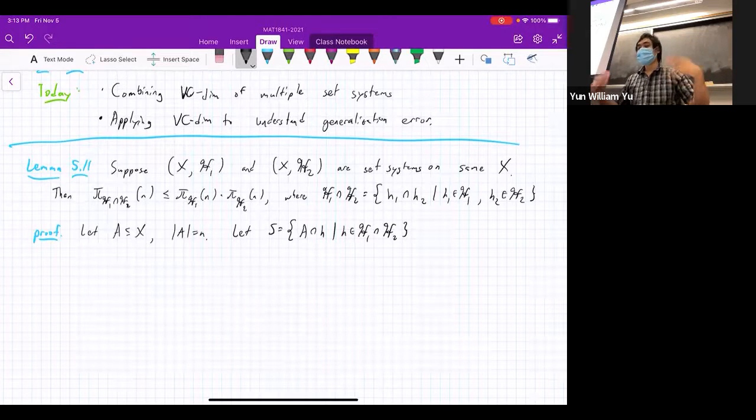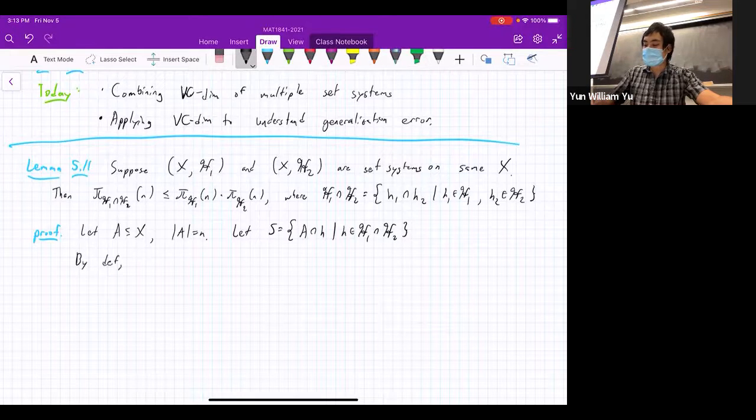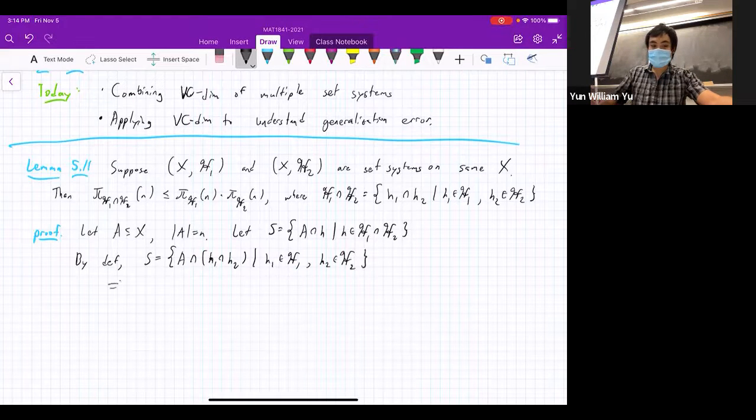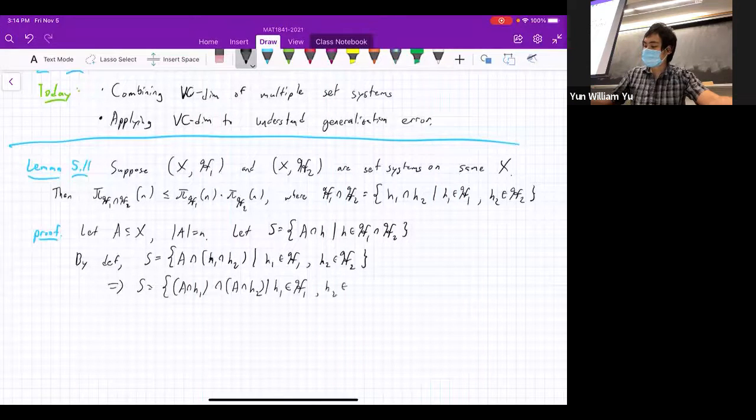We need to count the size of S. By definition, S is equal to A intersect h1 intersect h2 for all h1 in H1 and h2 in H2. It's pretty easy to show that this is equal to the intersection of (A intersect h1) and (A intersect h2) under the same conditions.